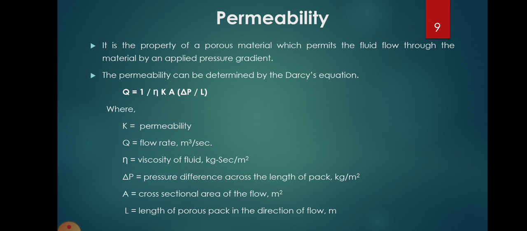The permeability can be determined by Darcy's equation, that is Q = (1/eta) K A (delta P / L), where K is the permeability, Q is the flow rate in meter cube per second, eta is the viscosity of the fluid in kg second per meter square, delta P is the pressure difference across the length of the pack in kg per meter square, A is the cross sectional area of the flow in meter square, and L is the length of the porous pack in the direction of flow. The unit is meter.